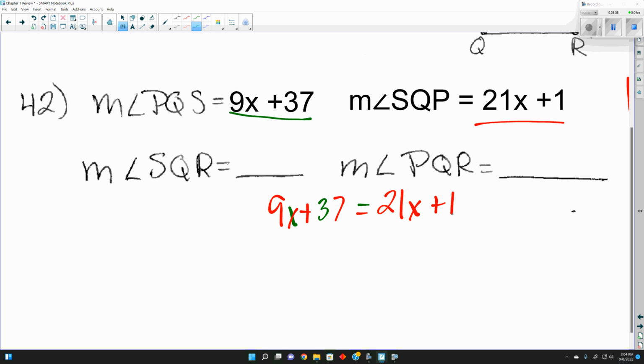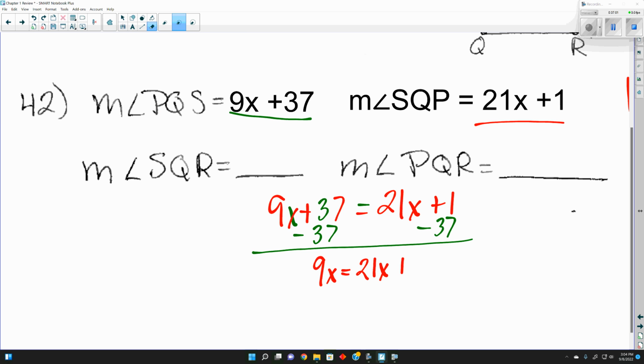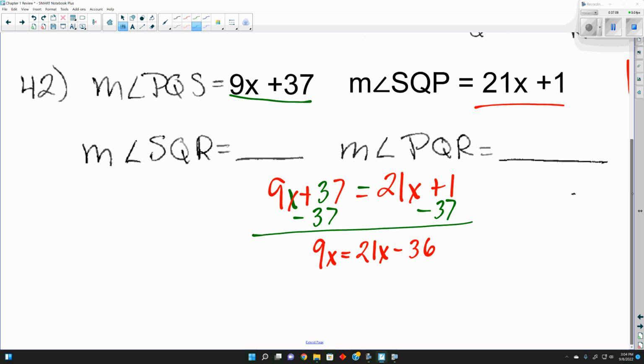Set them equal to each other, solve for the value of x, and then plug it back in. So what can we do first? Minus 37. We minus 37 from both sides. So that tells us that 9x is equal to 21x minus 36.